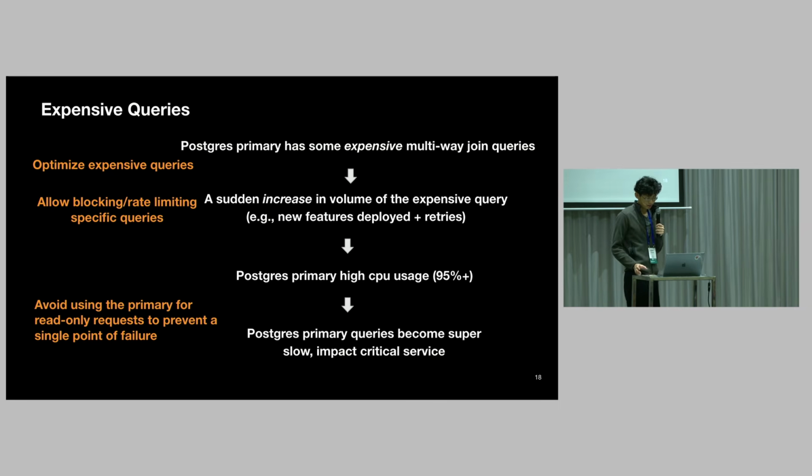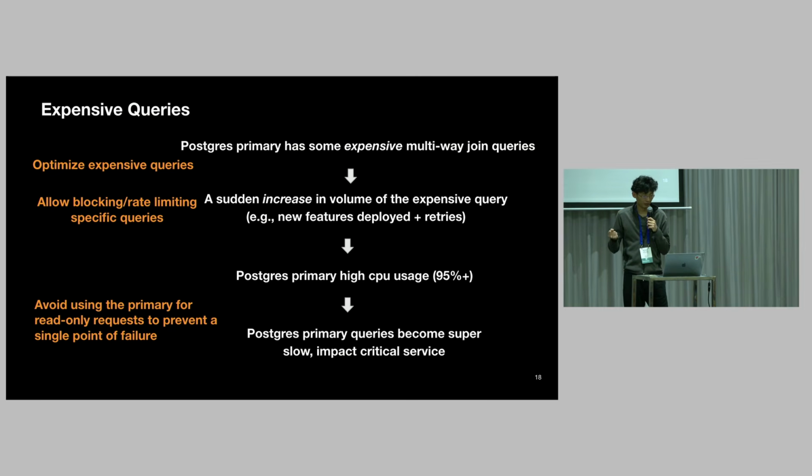Another thing is that we want to avoid using the primary for read-only requests, to prevent a single point of failure. So if the primary is slow, the most critical requests can still be served from replicas, so it won't be a Sev 0 for us.